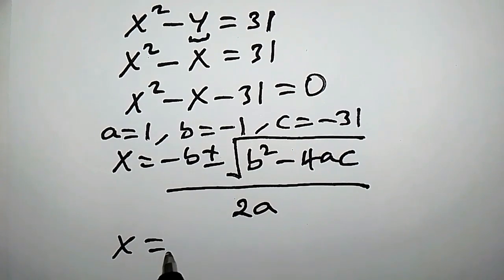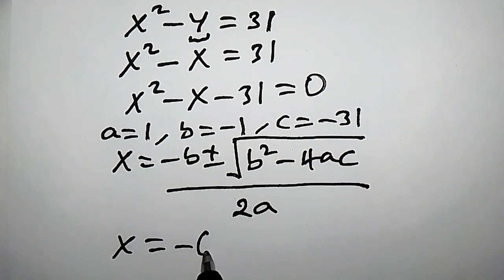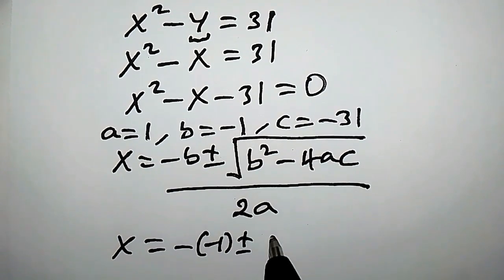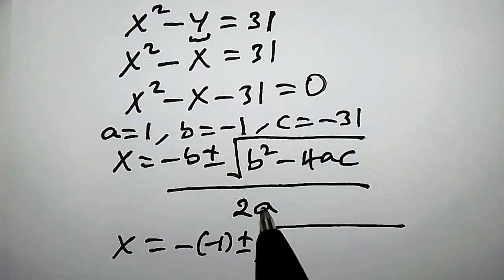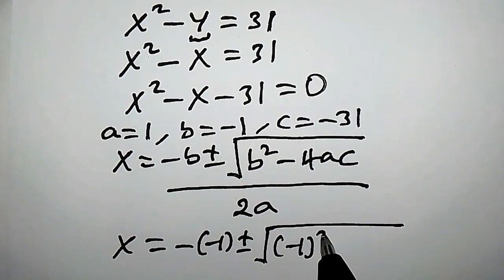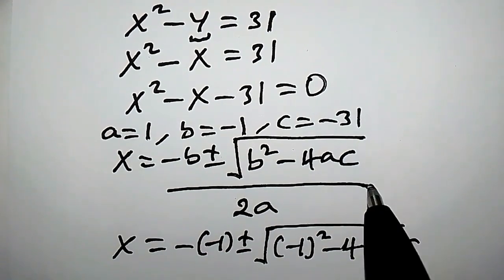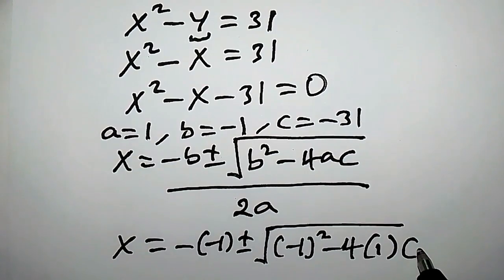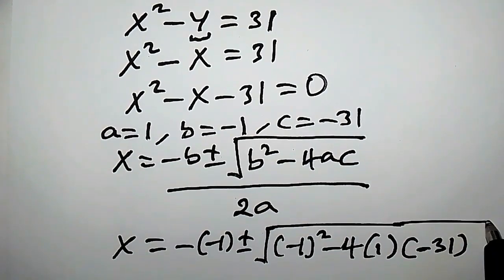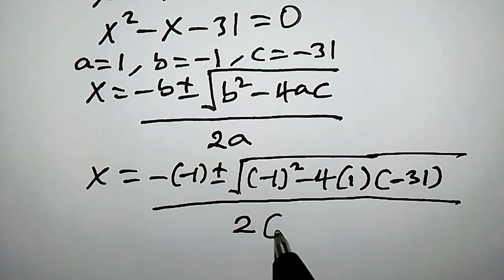So we have x equal to minus, what is b? b is negative 1, plus or minus square root of, what is b? b is negative 1, that will be minus 1 all squared, minus 4 times, what is a? a is 1, times, what is c? c is negative 31, divided by 2 times a, which is 1.